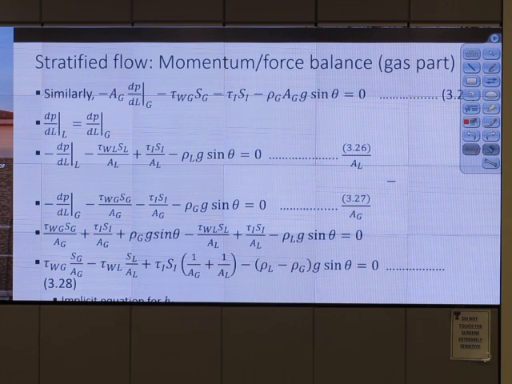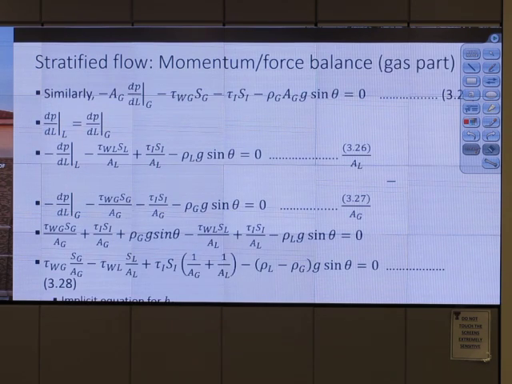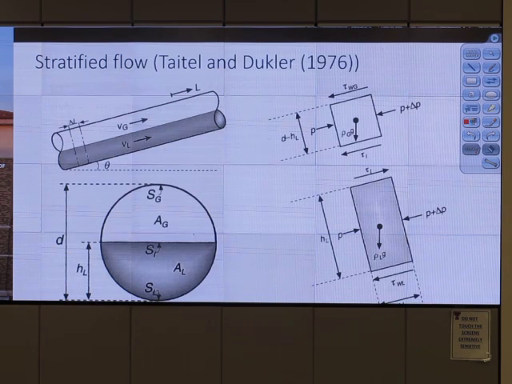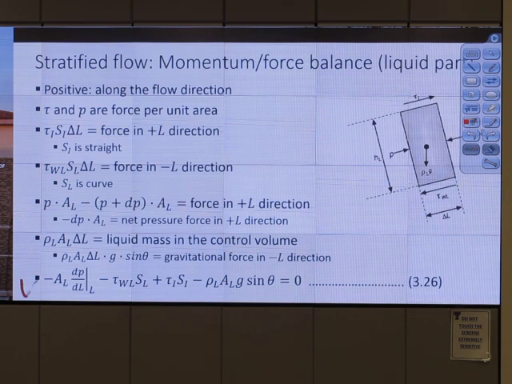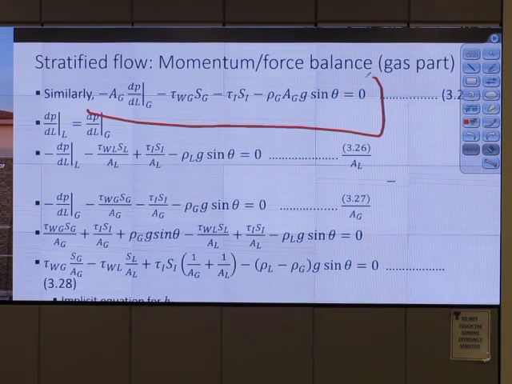What about the gas phase? We do the same thing for gas. You write down each term. The difference between gas and liquid is you just change from AL to AG. If you draw these two pictures, you get the equation for liquid done, and similarly you pop up with this equation.